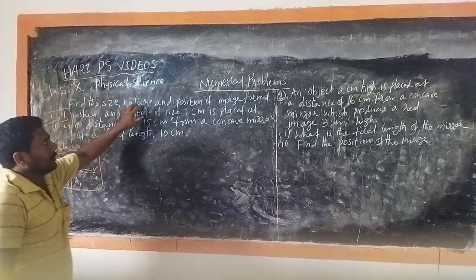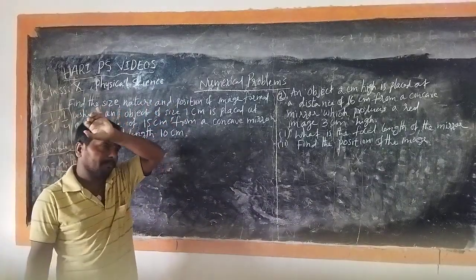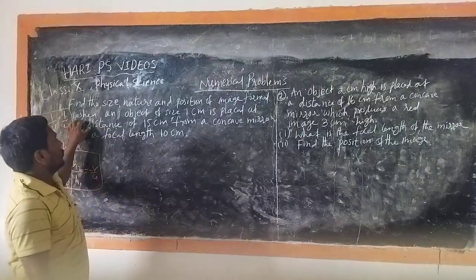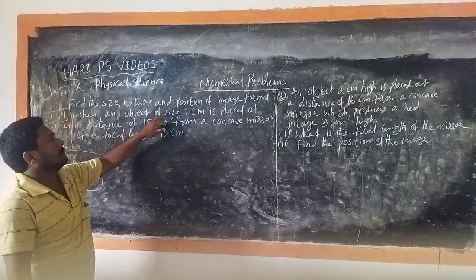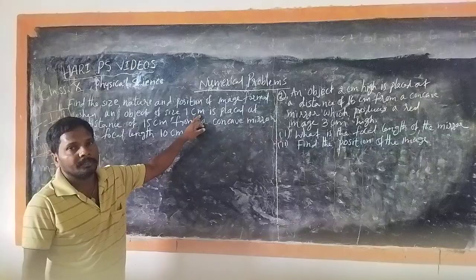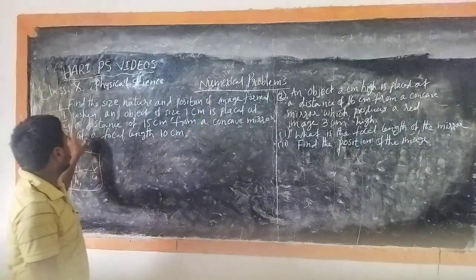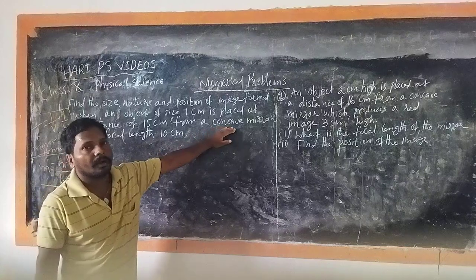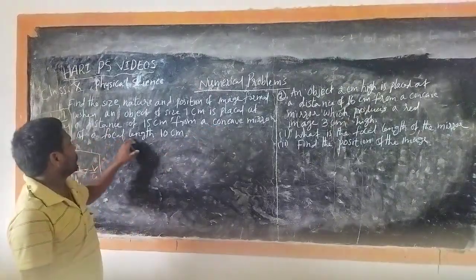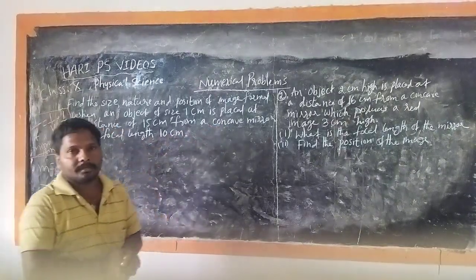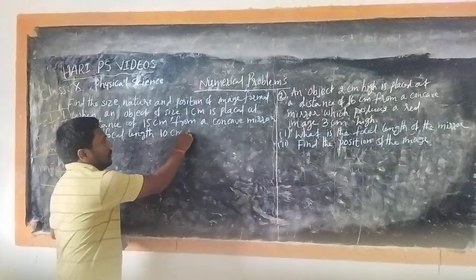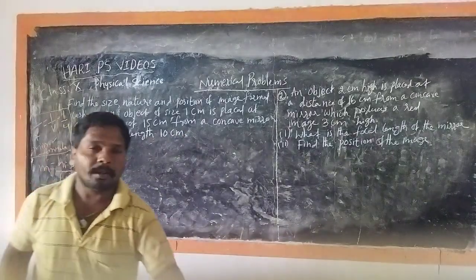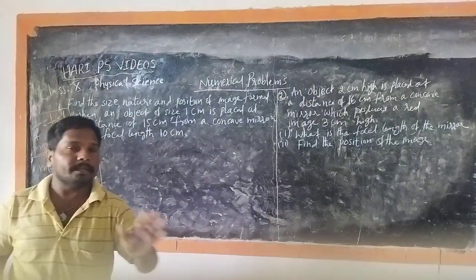Find the size, nature and position of the image when an object of size 1 centimeter is placed at a distance of 15 centimeter from a concave mirror of focal length 10 centimeters. Read the problem at least twice or thrice.